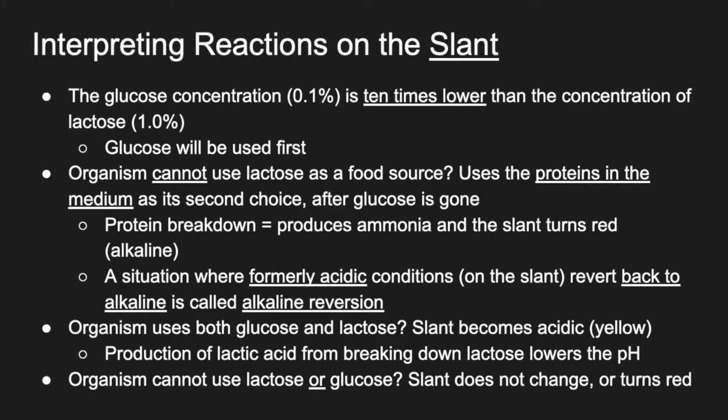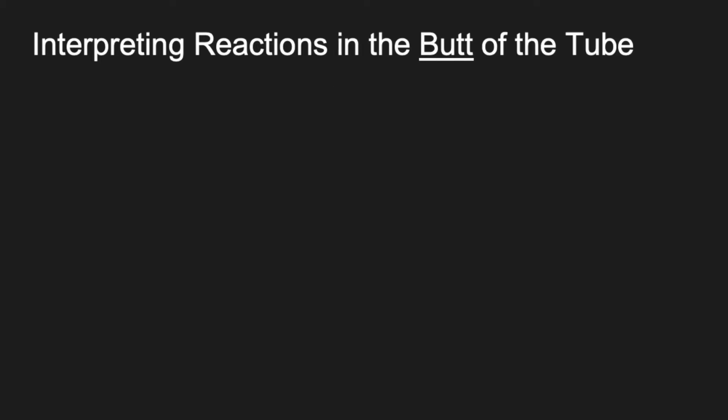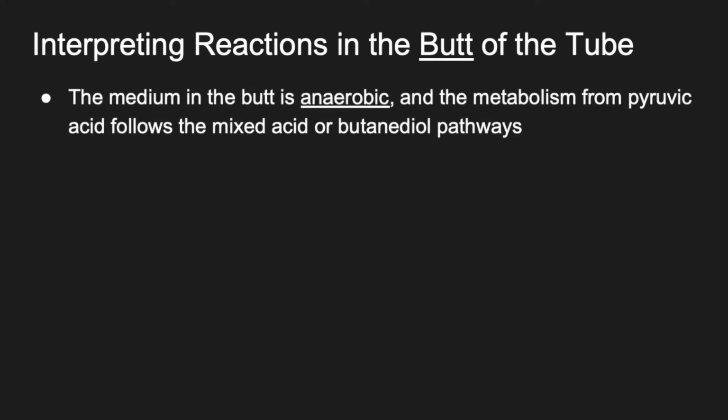Okay? So now let's talk about interpreting the reactions in the butt of the tube, that bottom portion of the tube. The medium in the butt is anaerobic, and the metabolism from pyruvic acid follows the mixed acid or the 2,3-butanediol pathway.